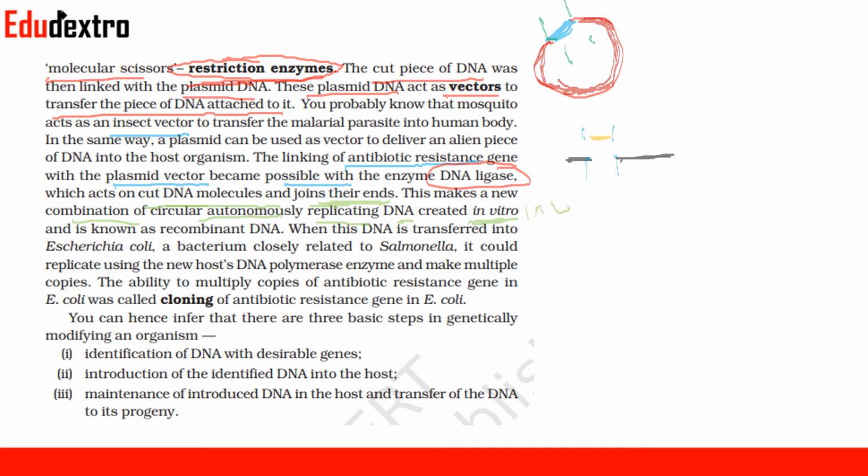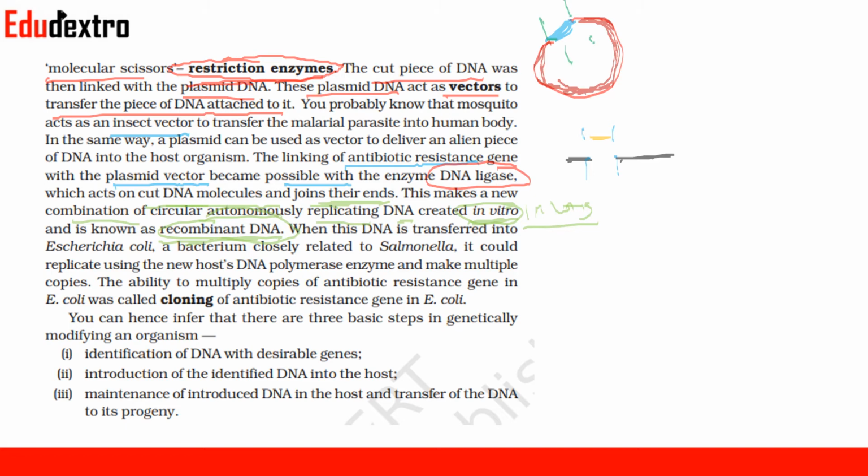And it is known as the rDNA or the recombinant DNA. So thus, using restriction enzymes, we have cut the piece of DNA. Using DNA ligase, we have stuck it, and thus we have made the recombinant DNA in vitro. We have made the recombinant DNA successfully.